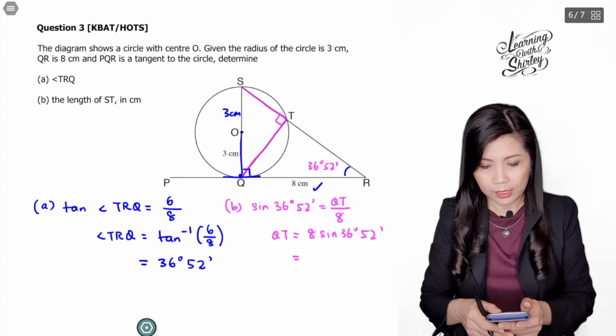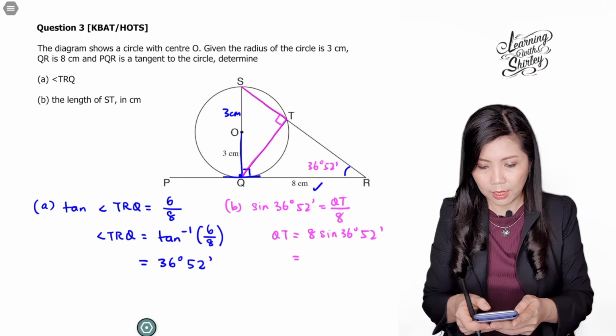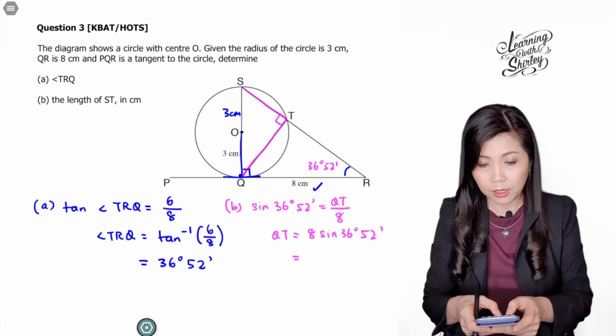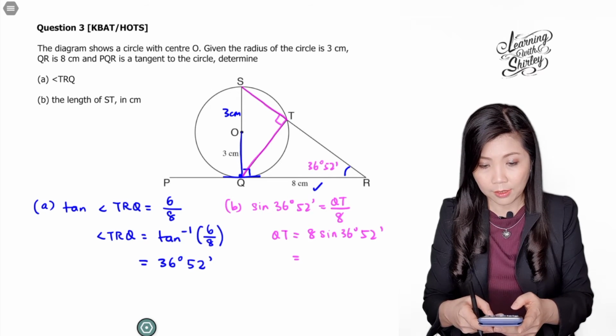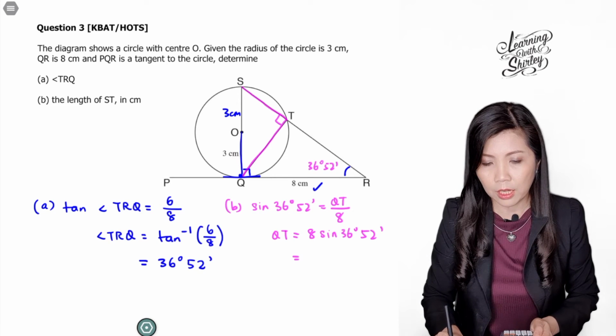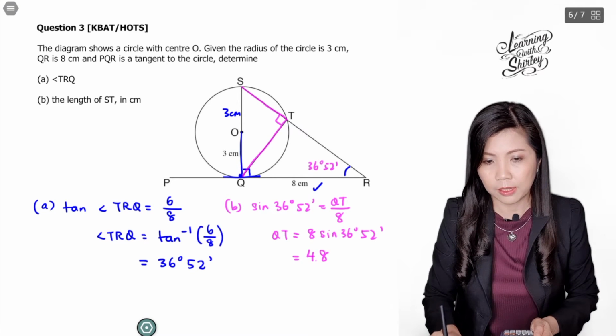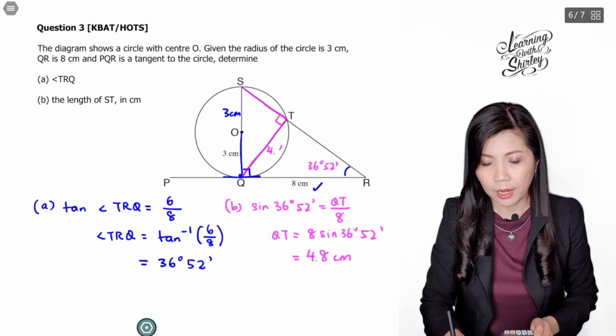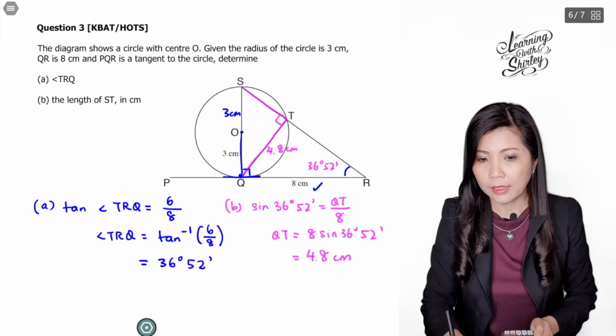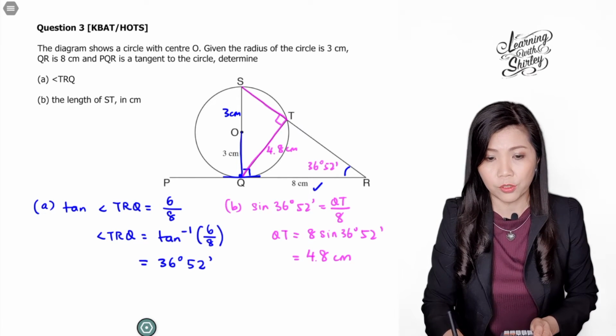Okay, so let's calculate this. So sine 36 degrees and 52 minutes, then times 8, then we will get 4.8. So QT is 4.8 cm. To find ST, I'm going to use Pythagoras theorem.